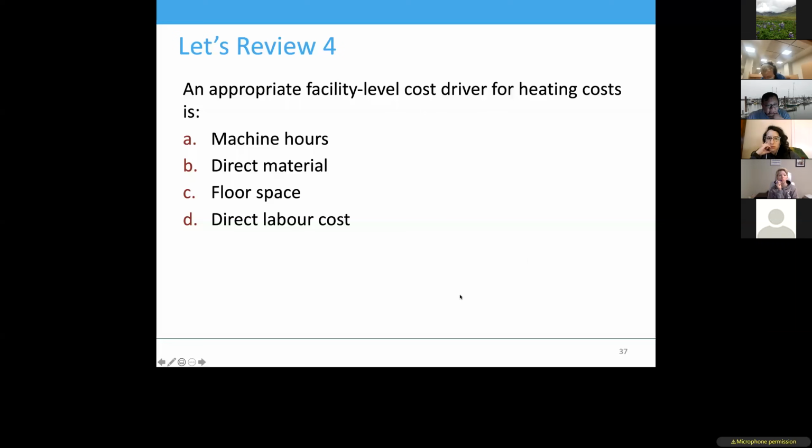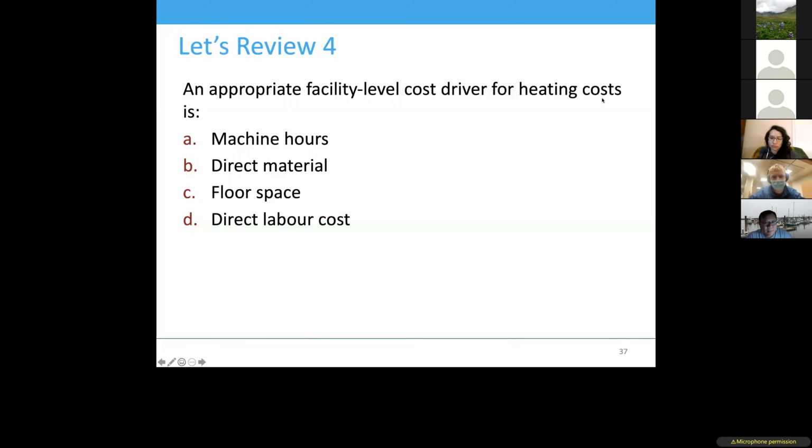Okay, let's take a look at this question. An appropriate facility level cost driver for heating cost. Facility level, okay? Okay, let's see.